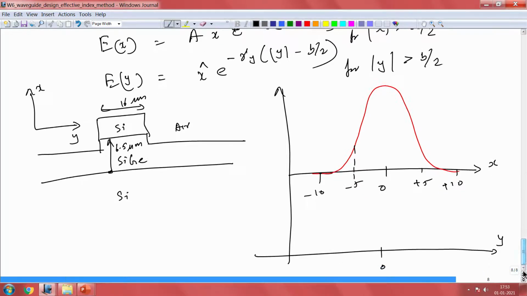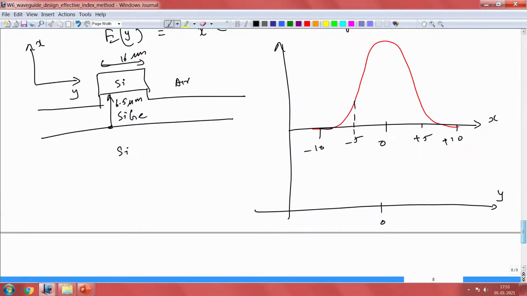So, now let us look at how large this is going to be. So, the full width half max will be approximately 6.7 micrometers. So, this will correspond to the height of silicon germanium. Okay. So, what kind of width we have, it will be close to that width, it will approximately be that width. Okay. So, now let us look at the y direction.